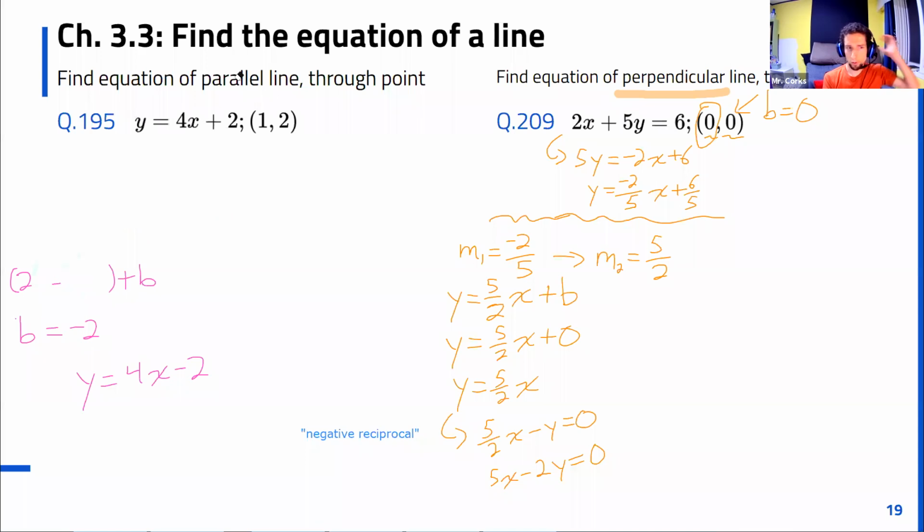What's the generic form of standard form of a line? Slope-intercept form is y equals mx plus b. What is the generic form for standard form?